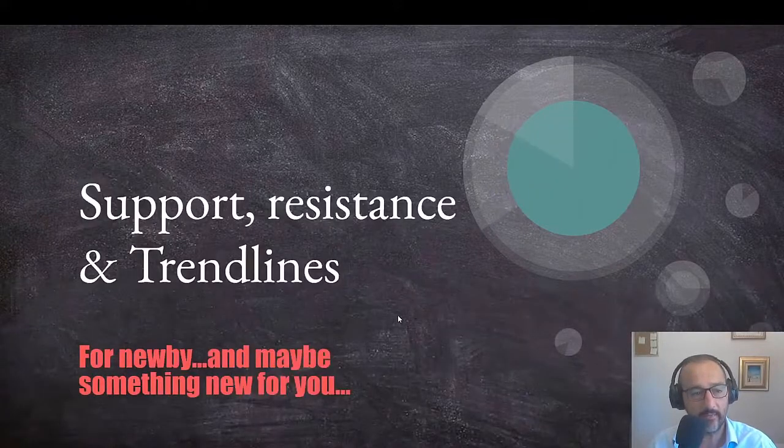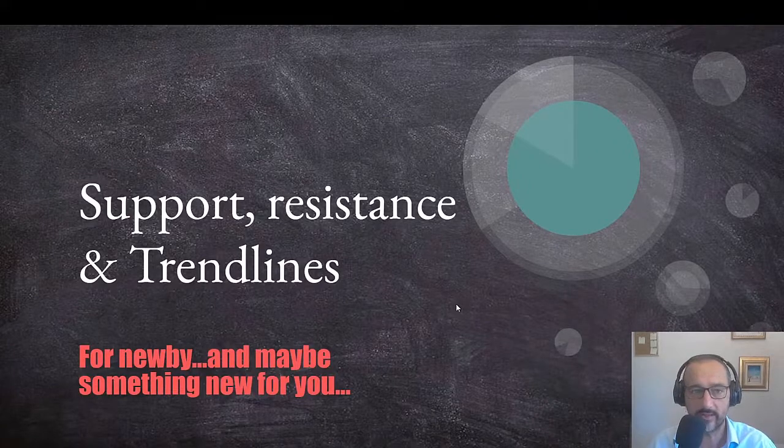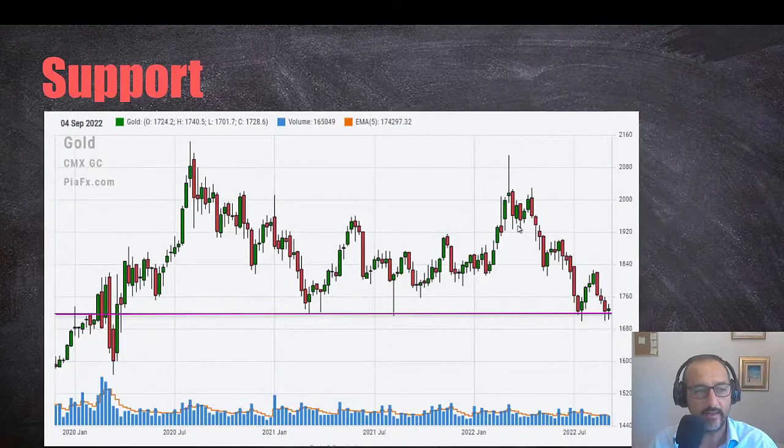Very quickly, we are going to check and learn what a support, a resistance and a trend line are. A support in a downtrend: price falls because there is an excess of supply over demand.